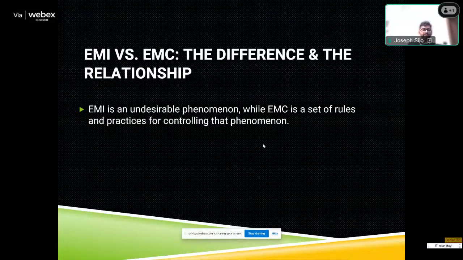Just for clarification about EMI and EMC. EMI, as I just discussed, is electromagnetic interference.